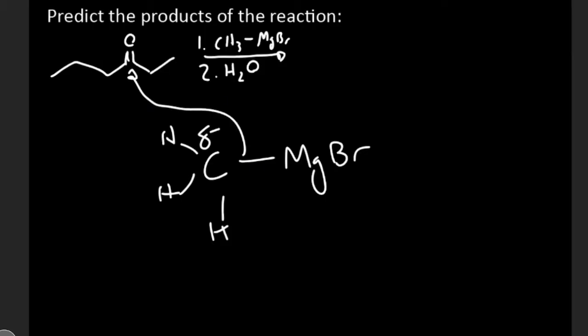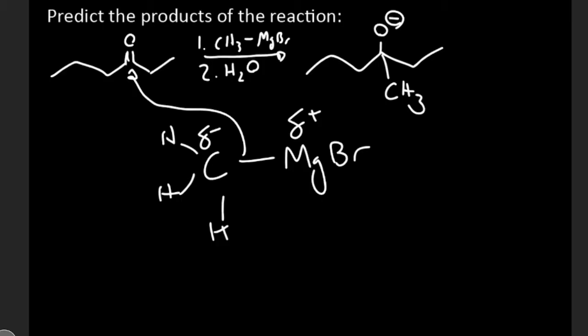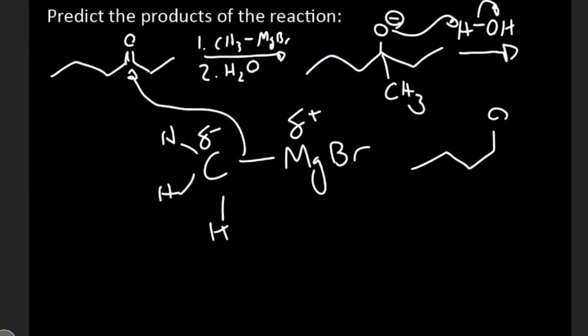So we can have a partial negative on the carbon, partial positive on the magnesium. And what will result from this is basically a carbon nucleophilic attack, looking a little like this. So after we do our acid workup step with water, going to have protonation here, and our final product will be this alcohol.